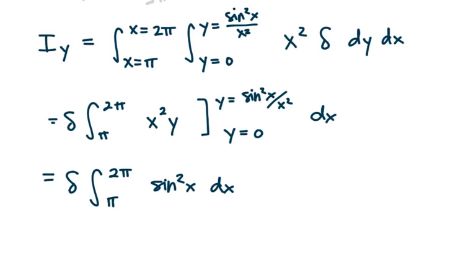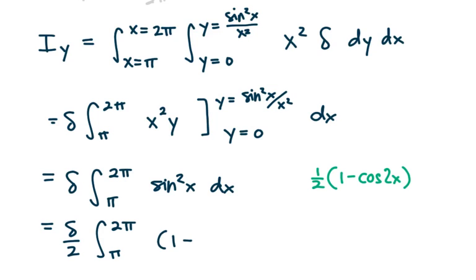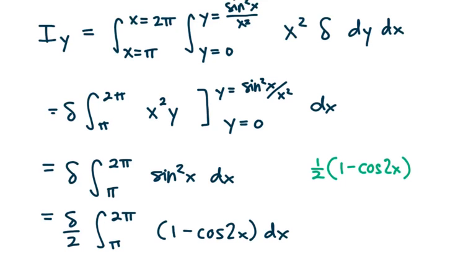When we are faced with integrating sine squared x dx, we plug in one of our double angle formulas. I'm going to use the fact that sine squared x is 1/2 times 1 minus the cosine of 2x. Pulling that 1/2 out in front, I have delta over 2 times the integral from pi to 2 pi of 1 minus cosine 2x dx.